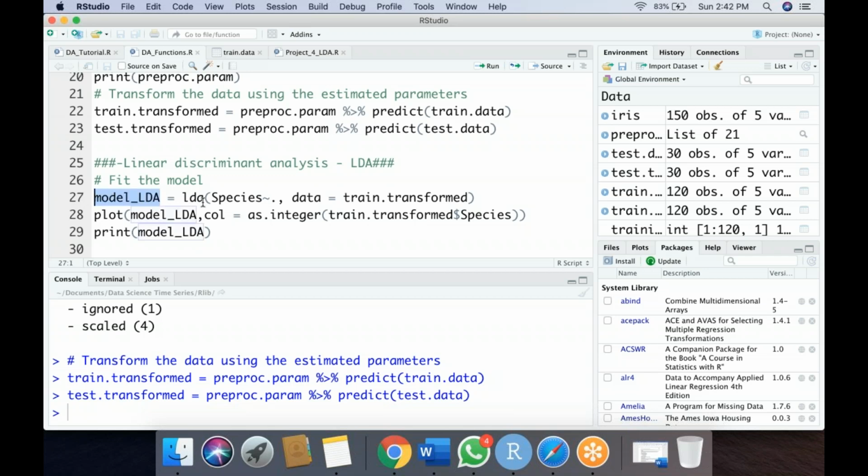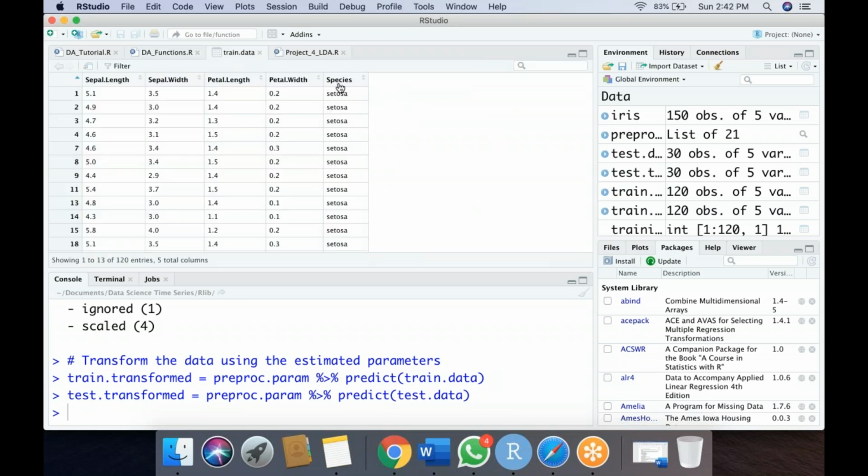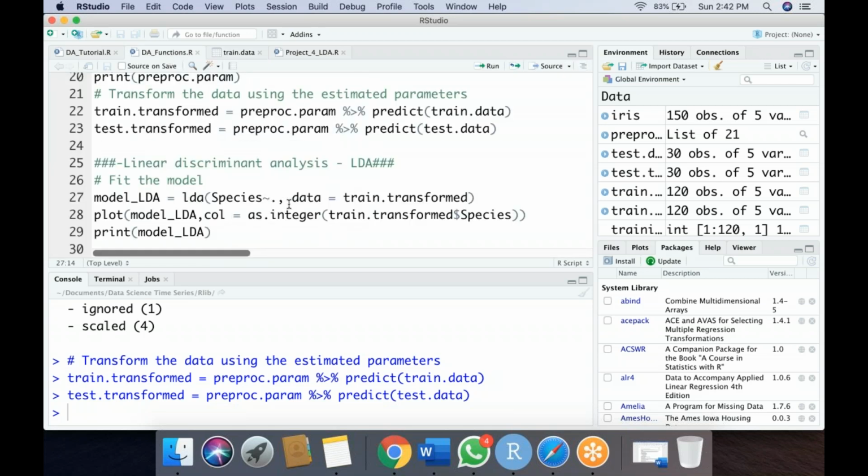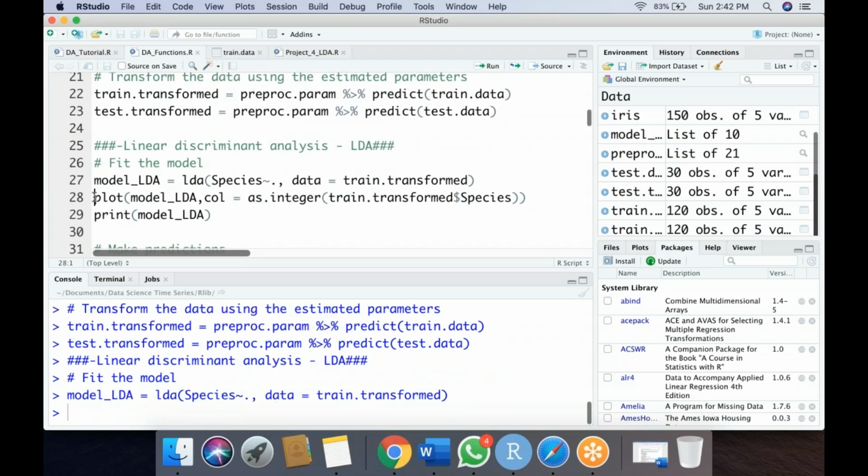So we are going to create a model LDA, and our predictor variable here is Species. So versus Species, we are taking all the parameters, and we are taking the training data, and we are creating our first model. So everybody has got this model.